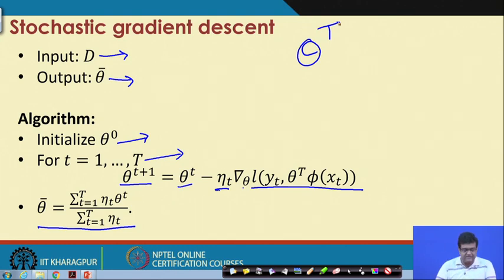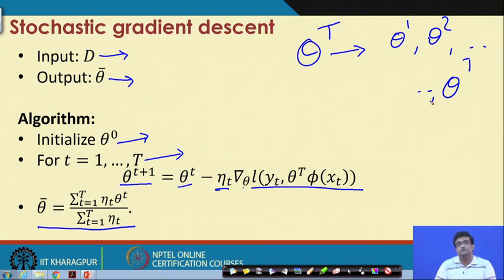But now instead of returning that theta capital T, we are returning the weighted average of the step size weighted theta t, divided by the summation of the step size. So, you can think about this as you have this theta 1, theta 2 and then theta capital T. You have this many parameters which you have seen throughout the stochastic gradient descent algorithm.